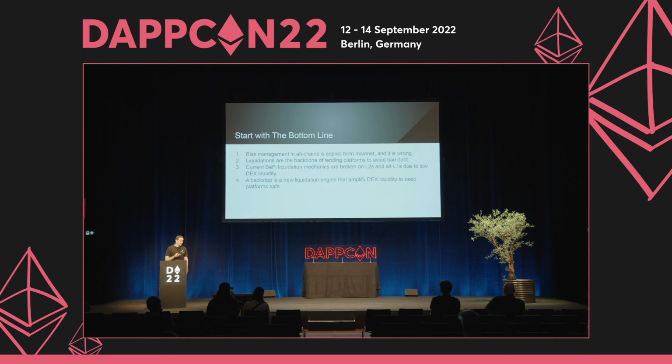These days especially, we recently had a huge liquidity crunch after the Luna collapse and the bear market in general. This will completely break on most L2s and on many L1s. So we show how to analyze these risks. As a lending platform owner, you need a better risk assessment. And if you want not only to be aware of the risk, but also to take actions to mitigate it, a backstop is what you need.